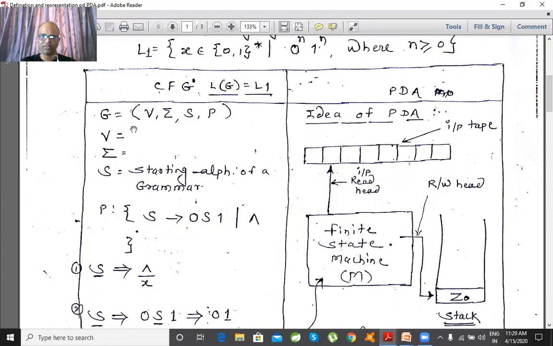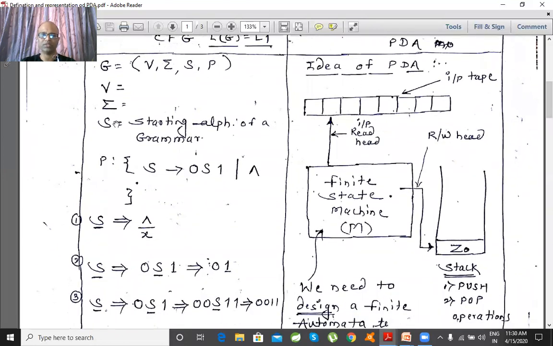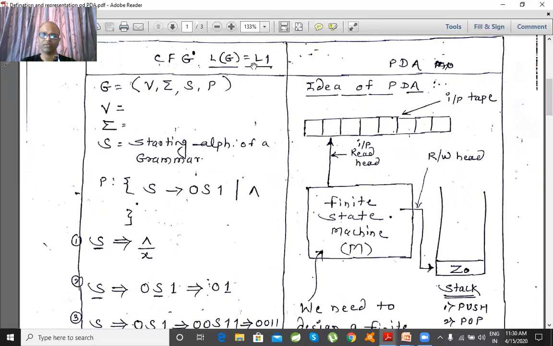A grammar consists of a four tuple V, Sigma, S, P, where V is the set of non-terminals which exist in the grammar rules. Sigma is all input symbols. S is the starting symbol of a grammar, where all the derivations of a string start. And P are the rules which exist to prove that this L1 is a context free language.